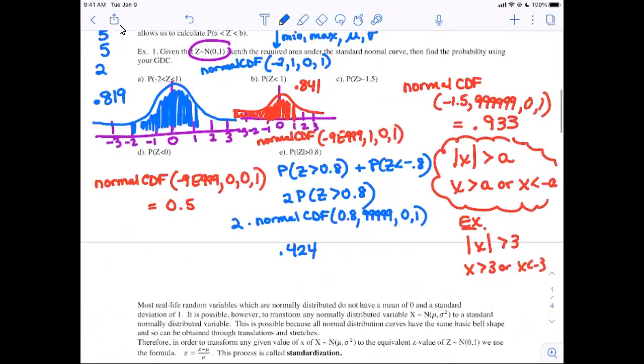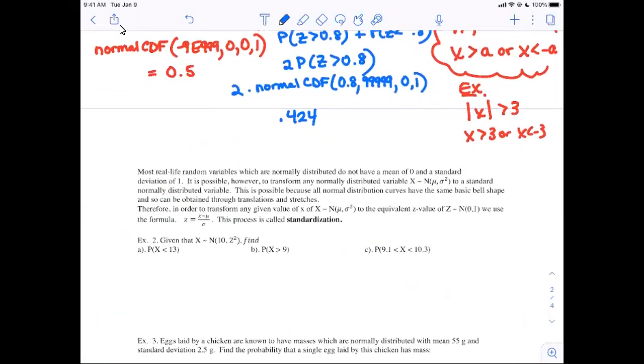So many real life random variables which are normally distributed do not have a mean of 0 and a standard deviation of 1. It is possible, however, to transform any normally distributed variable x to make it normally distributed with mu and sigma squared.